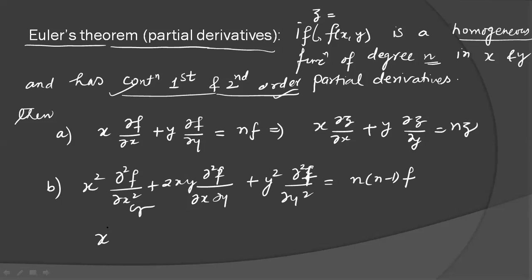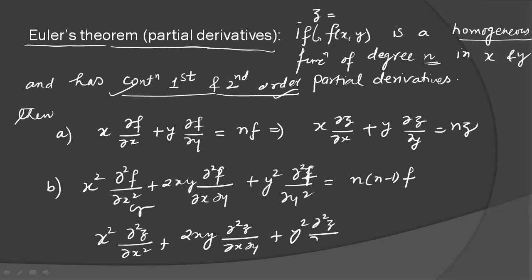Or you can write x square del 2z over del x square plus 2xy del 2z over del x del y plus y square del 2z over del y square equal to n into n minus 1 z. So these are the statements of Euler's theorem. I'm going to prove the first part. The second you can try by yourself; it will give you an idea actually. Let's see the proof.